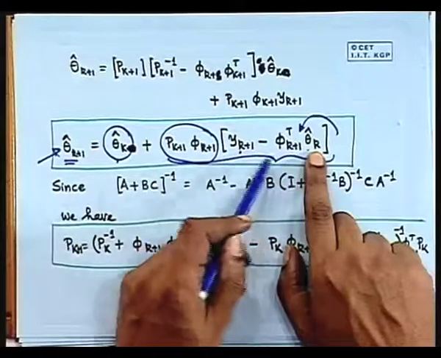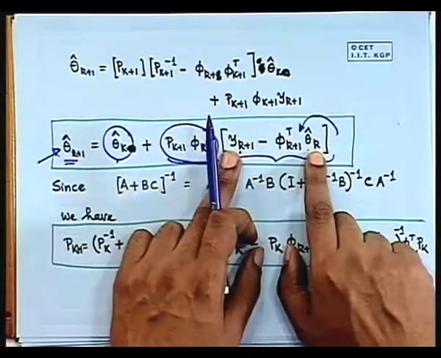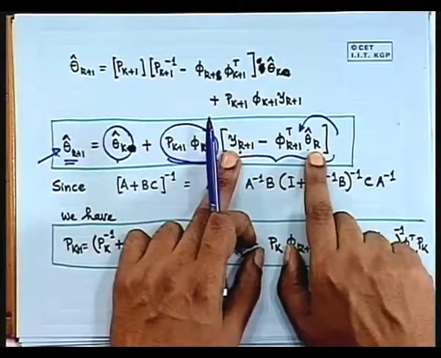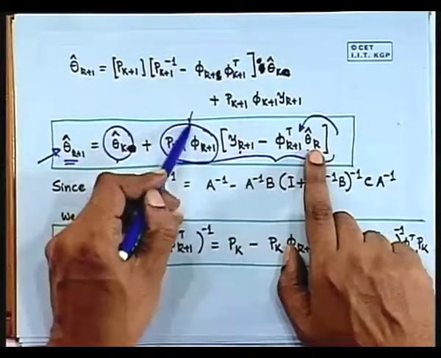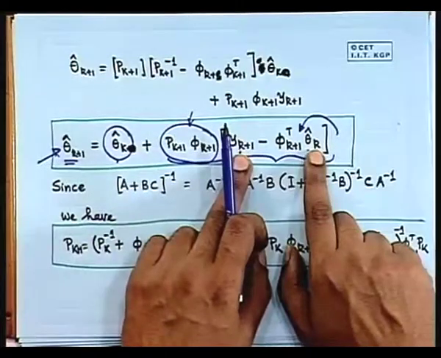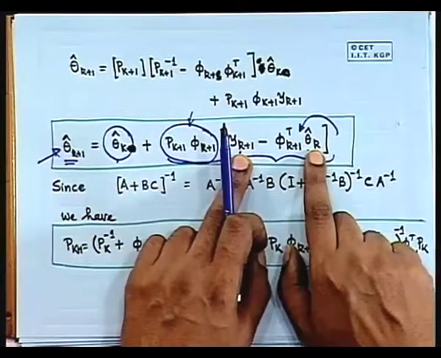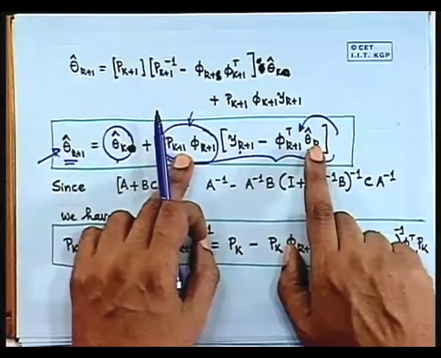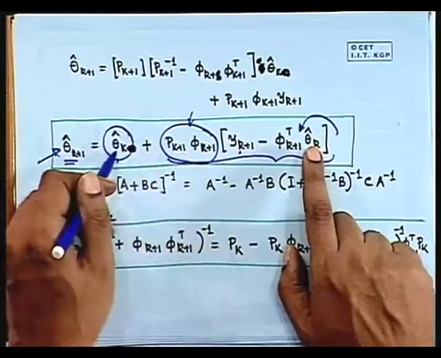If it can, then this error will be 0. If it cannot, then it needs to be changed. This decides the magnitude of change, because it is a scalar, and this decides the direction in which the change should be made, because this is a vector.